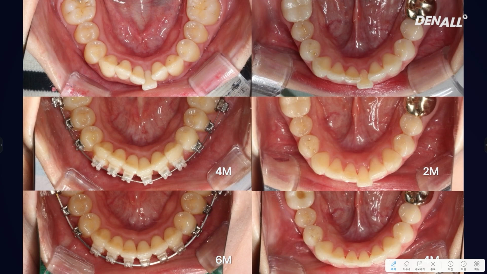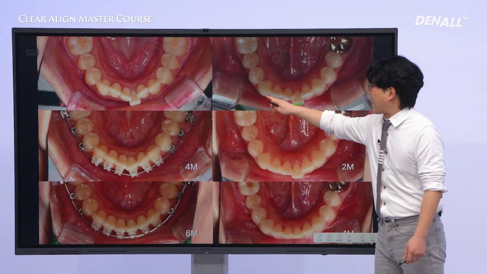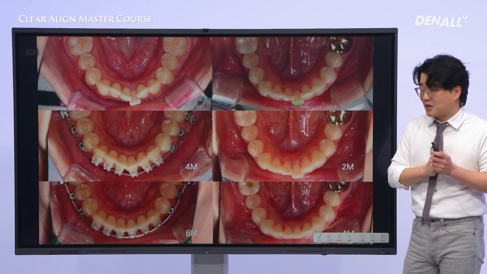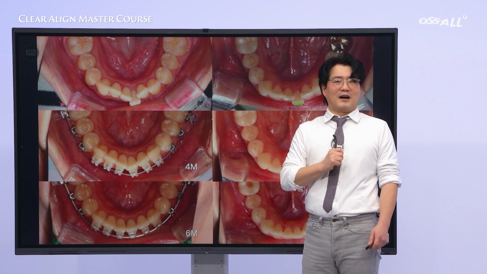I'm not trying to show that it took a bit longer in the case of brackets. In order to align a tooth that is out of place, like I mentioned earlier, what did I say again? Because of action and reaction forces, when we do bracket-based orthodontics, we need to be more cautious.